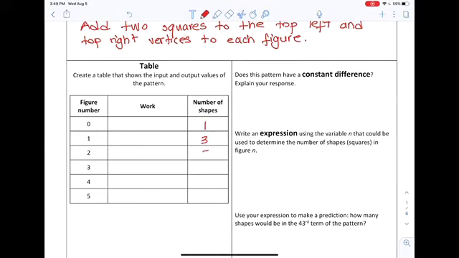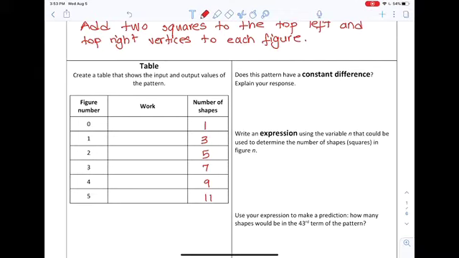And then 5, and then 7, 9, and 11. In this middle column for my work, I'm going to demonstrate what is happening as I am figuring out this pattern.